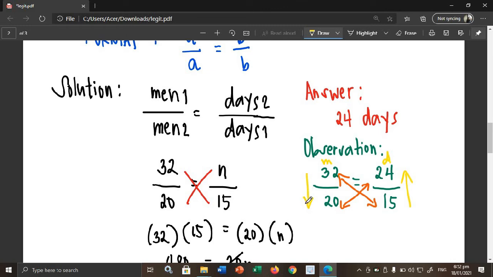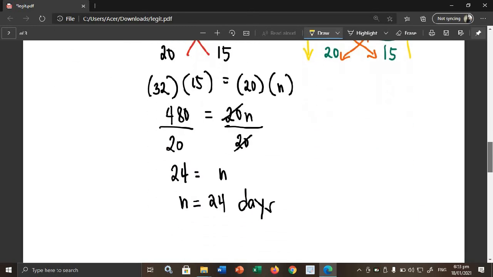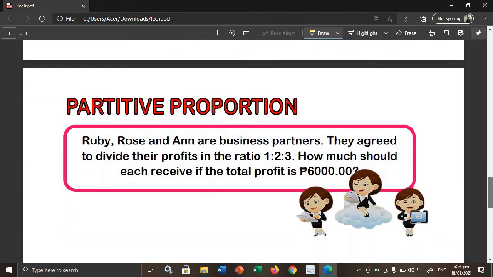So, habang bumababa yung number ng men na magre-reap ng field, tumataas naman yung number ng days for them to finish reaping the field. So, nakita nyo? Kaya siya indirect. Yung value ng isa bumaba, yung value ng other tumaas. Okay? So, yun. That is how you solve problems regarding indirect or inverse proportion.